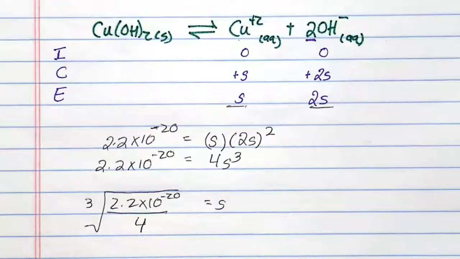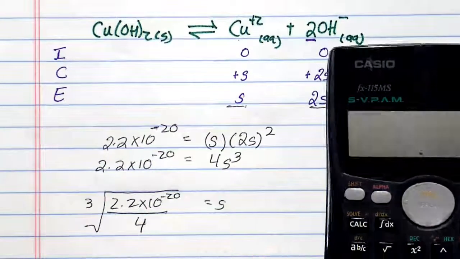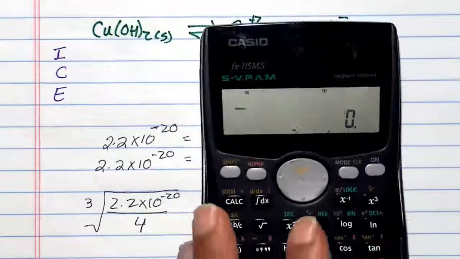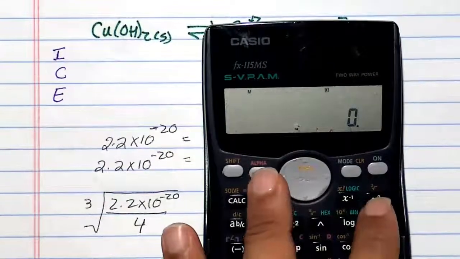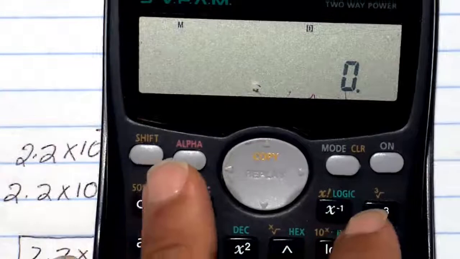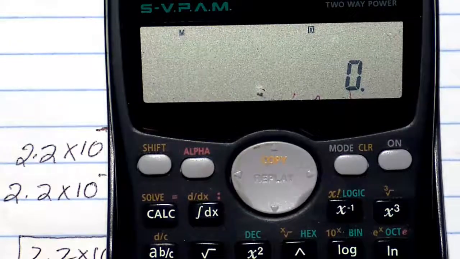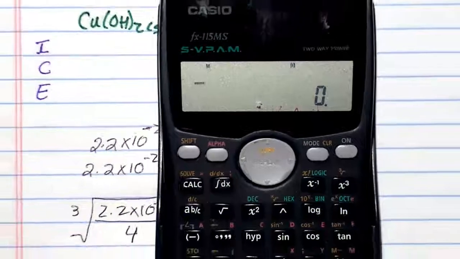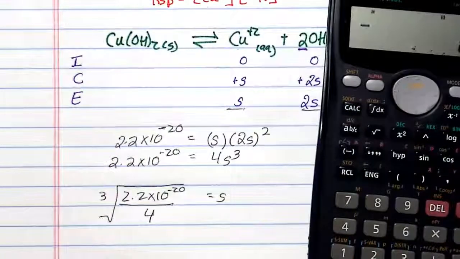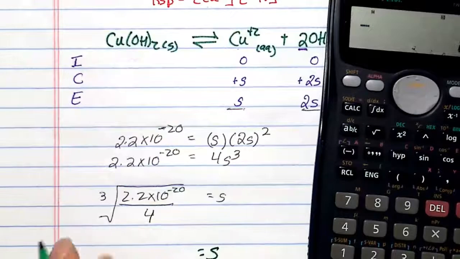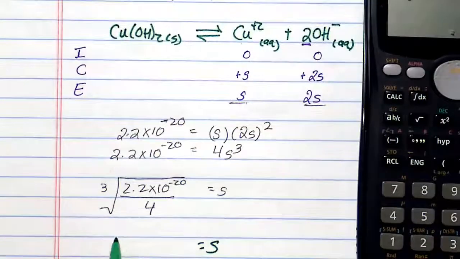In order to do this on your calculator, my calculator actually has a cube root symbol. You can see it. For those that don't have that cube root symbol, you can take it to the power of 1/3. In other words, on your calculator, you can do 2.2 times 10 to the minus 20 divided by 4.